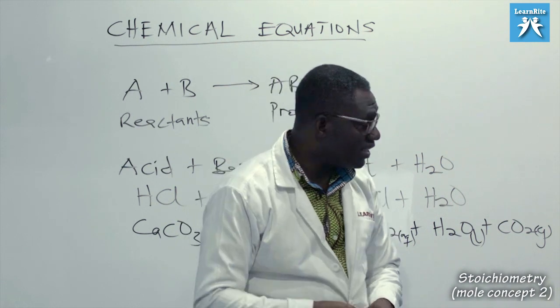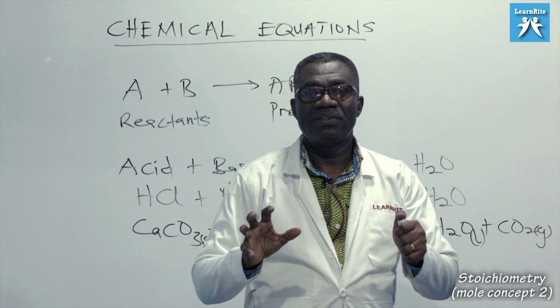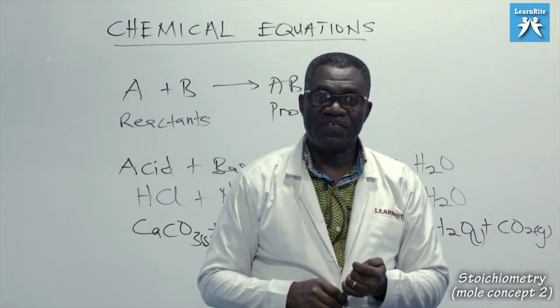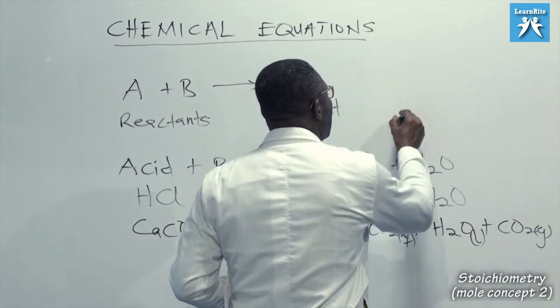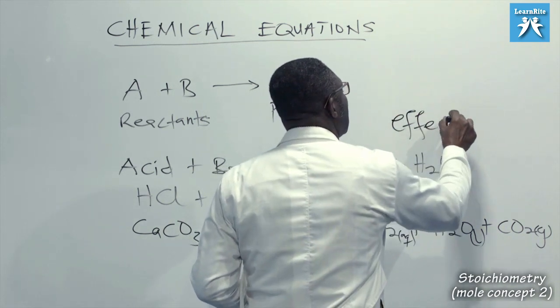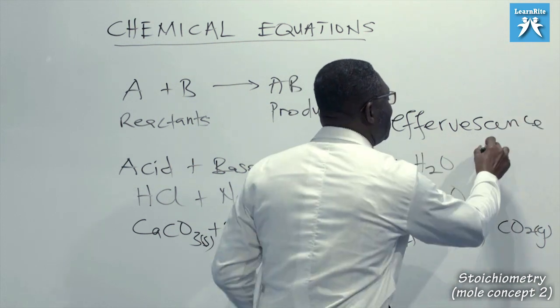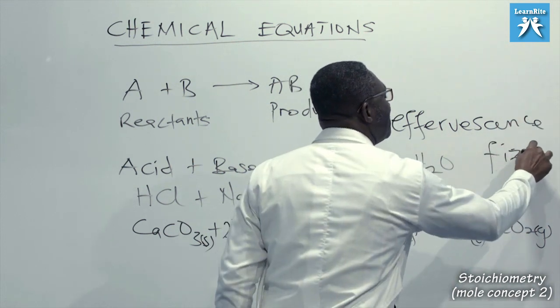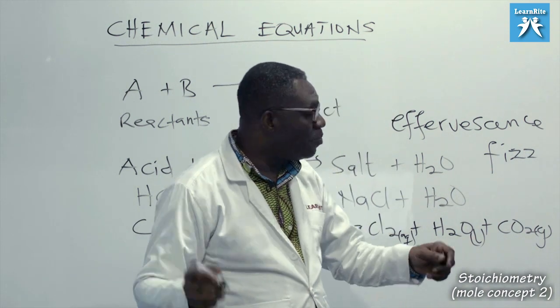And once it is a gas and it's coming out, that is why we saw that sound or that observation. In chemistry, we call it effervescence. Normally, we usually just represent it by the sound. So you may see in some books, people writing this.